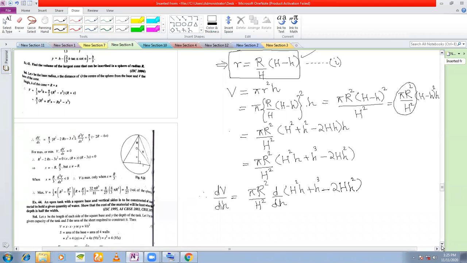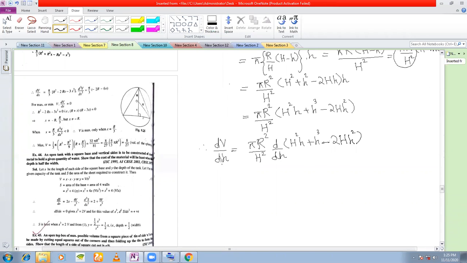Capital H is constant, remember. Now if you differentiate this, you will get H square, d/dh of h is 1, plus 3h square minus 4Hh. Okay, this is what we get.